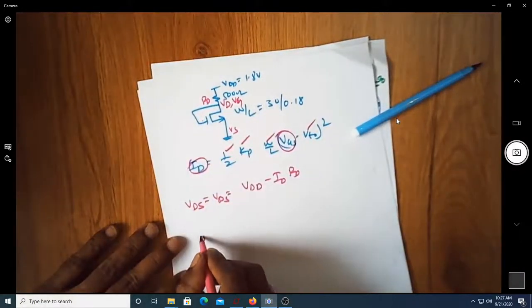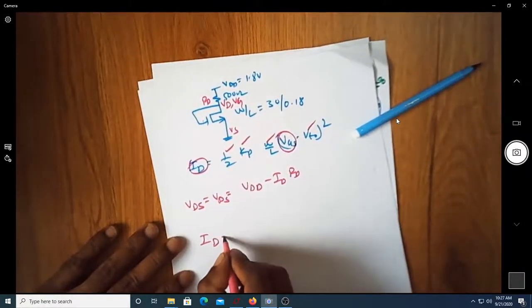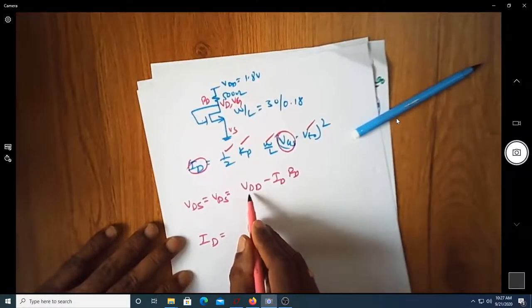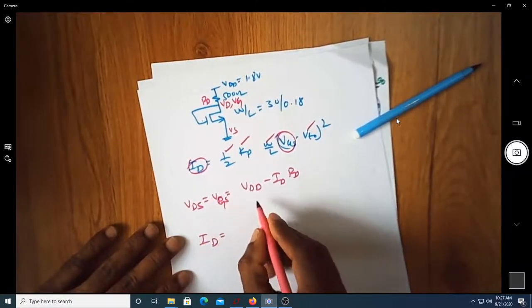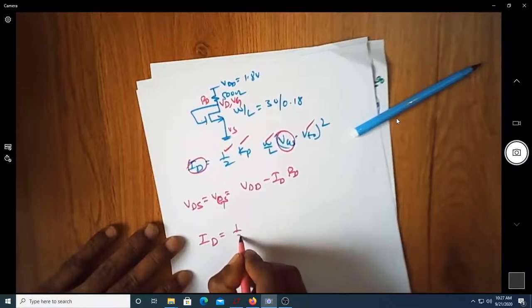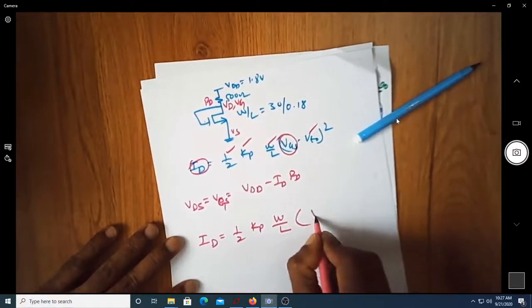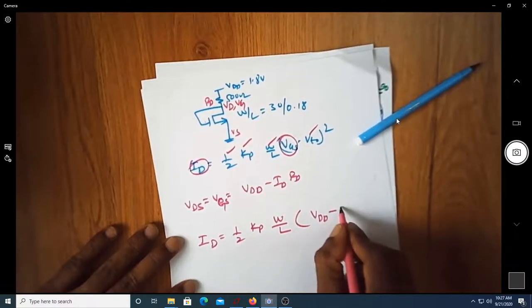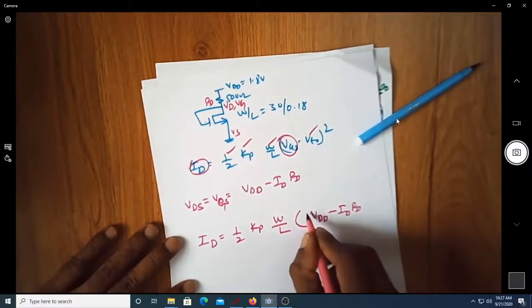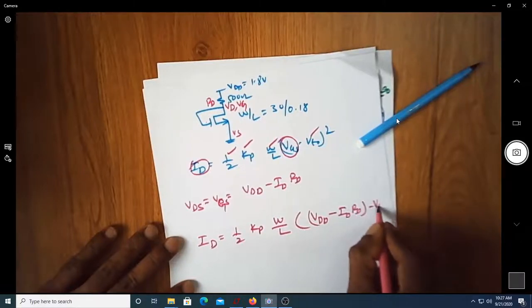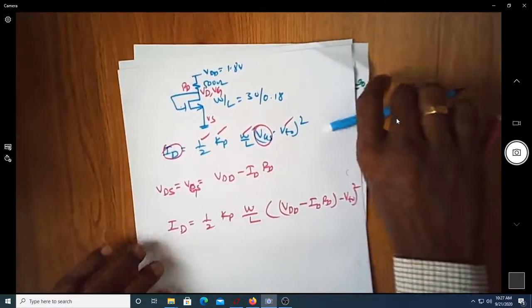So let me replace VGS by what is this? This is VGS. VDD minus ID RD. So it is half Kp W by L VDD minus ID into RD minus of VTO whole square.